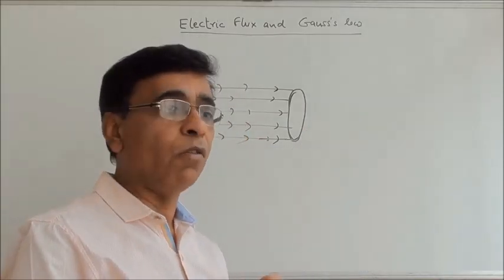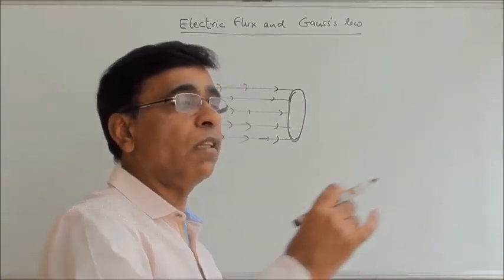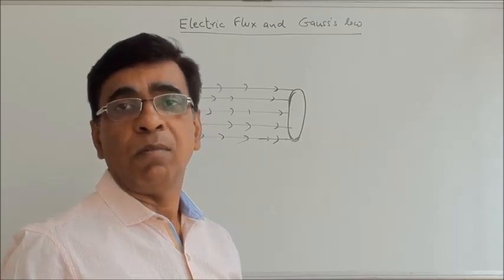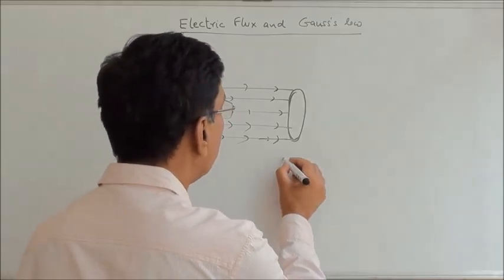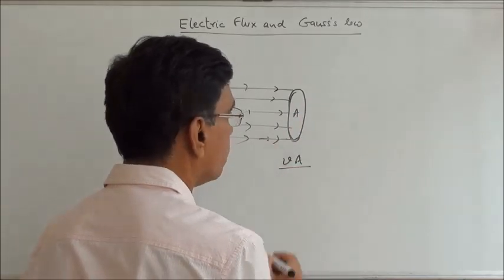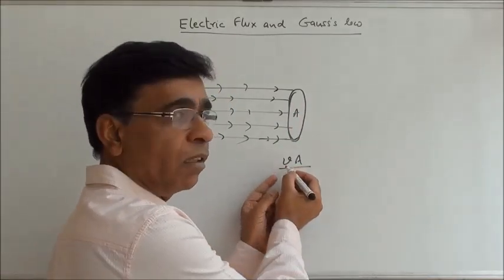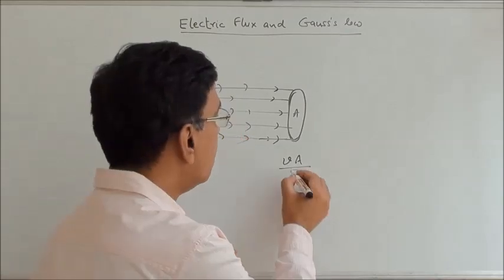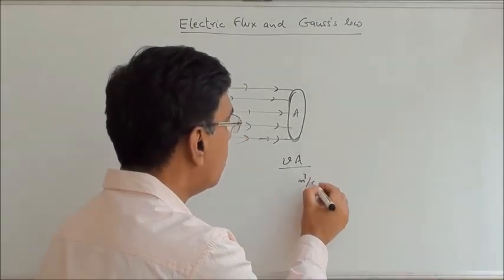We can calculate in 1 second what is the length covered and multiply by area. It will be velocity into this area, because this is the length that is covered in 1 second. So it will give me meter cube per second.